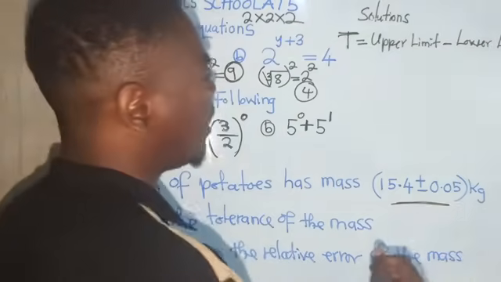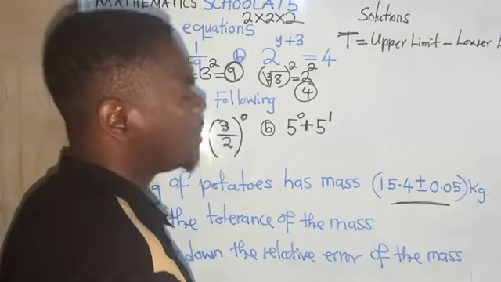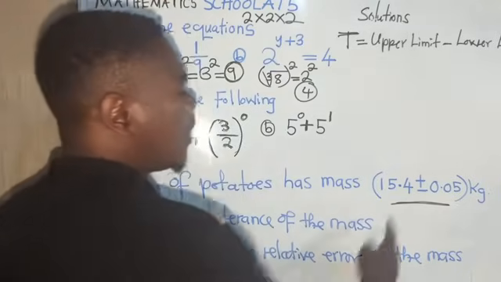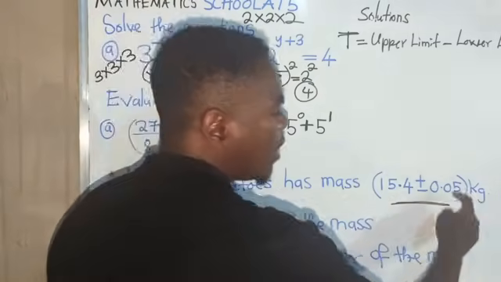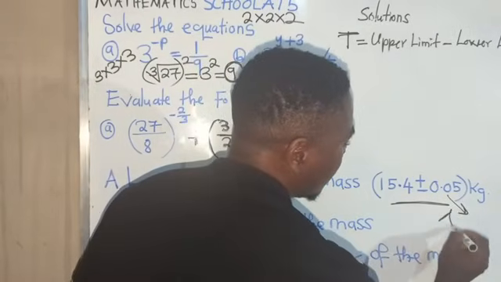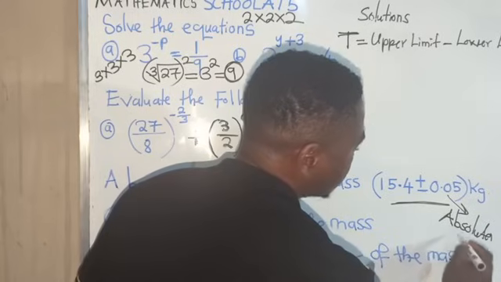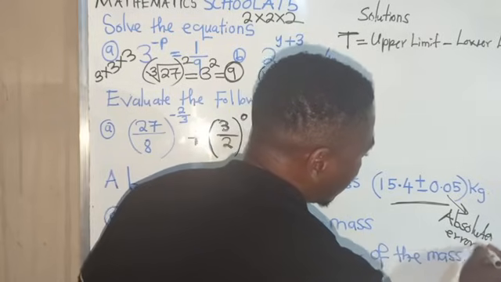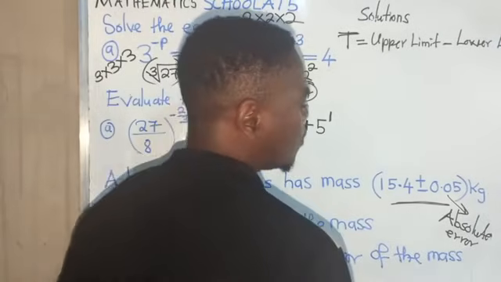Upper limit minus the lower limit. So what is the upper limit? Upper limit meaning we get the original mass, we add it with this one, which is called absolute error. This one that is given there is just the same as absolute error. That's what you are supposed to get.